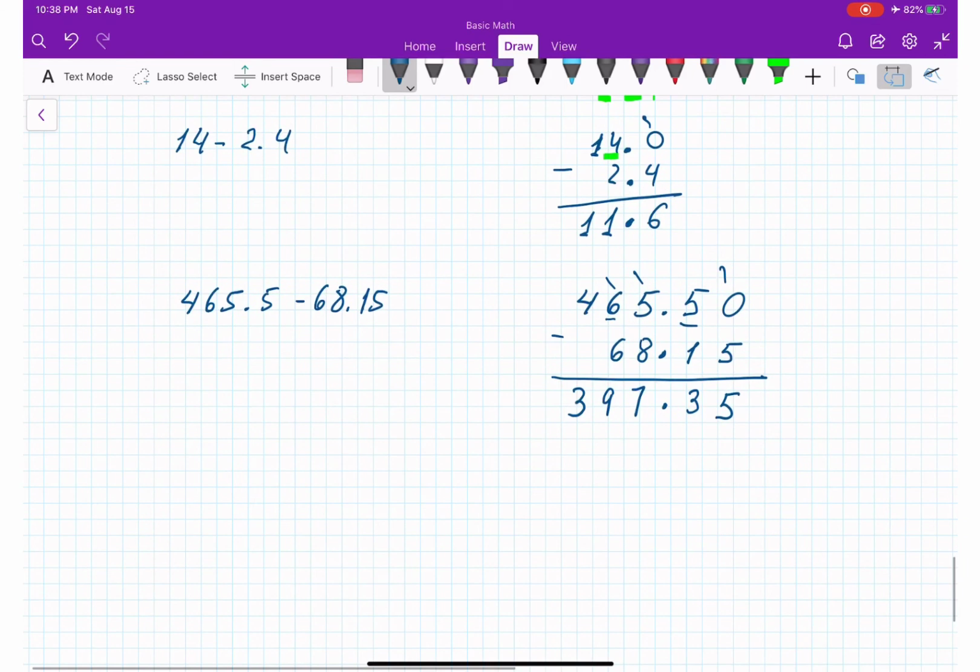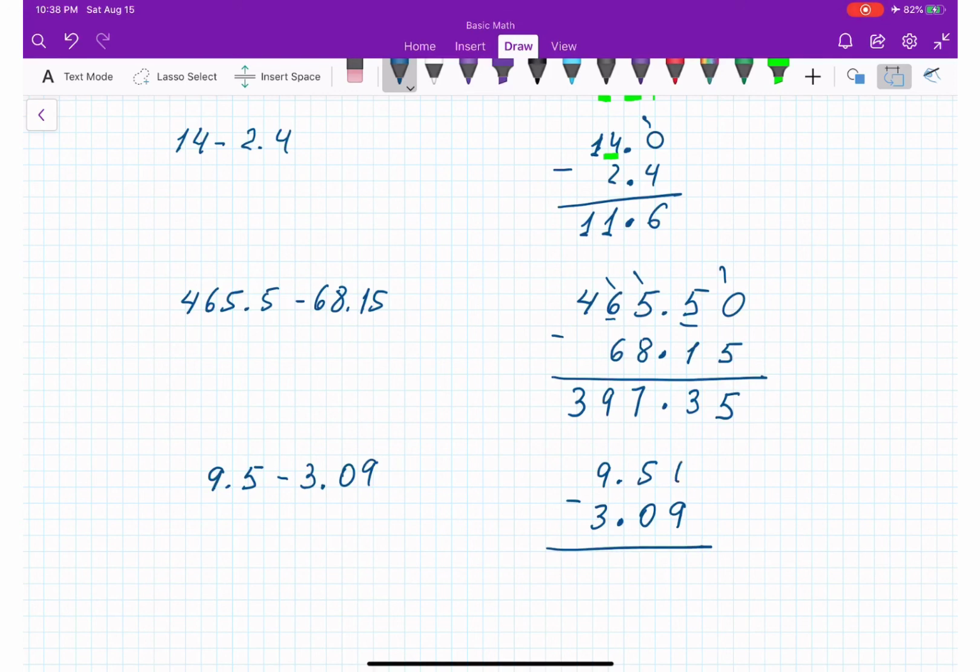Next one. 9.5 minus 3.09. Okay, 9.5 minus 3.09.